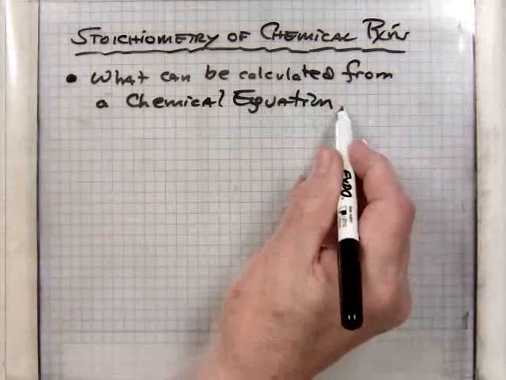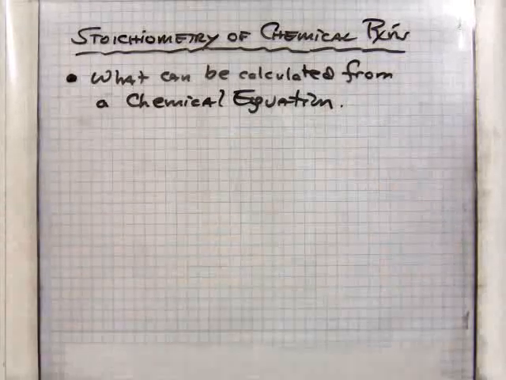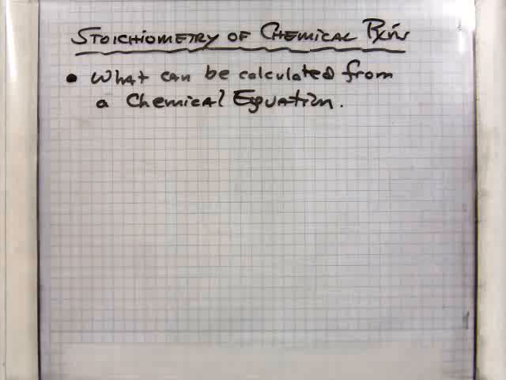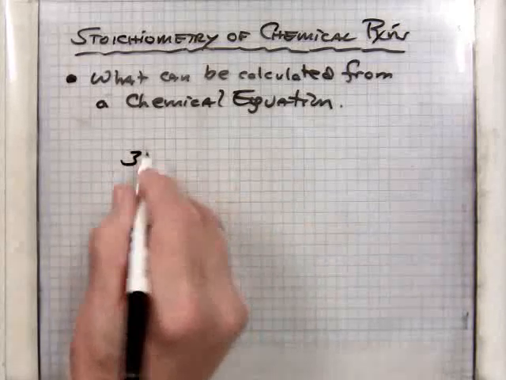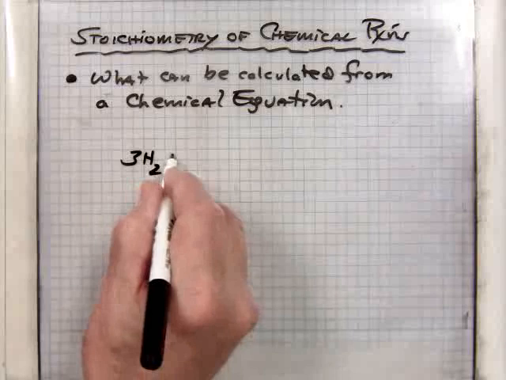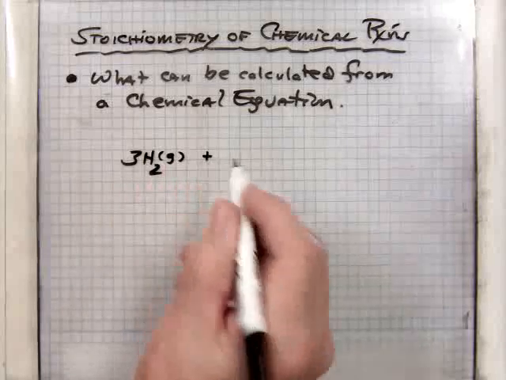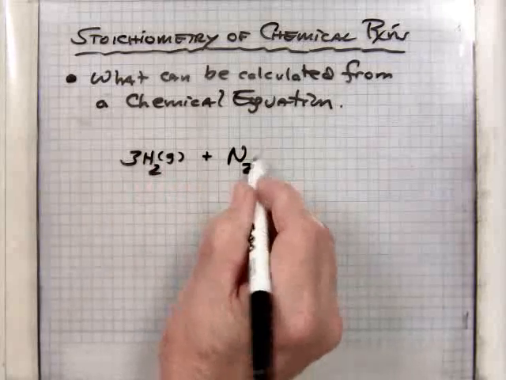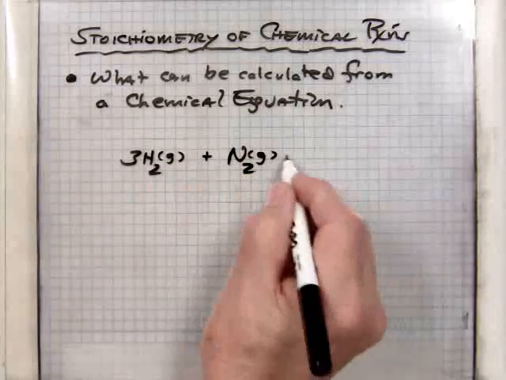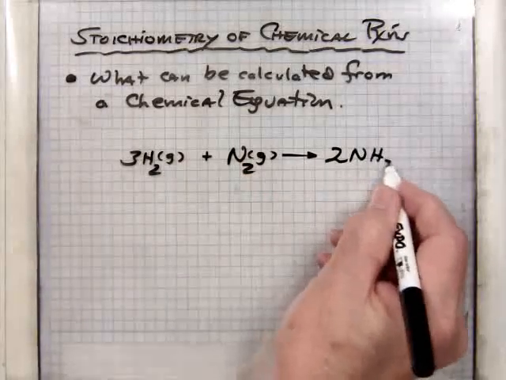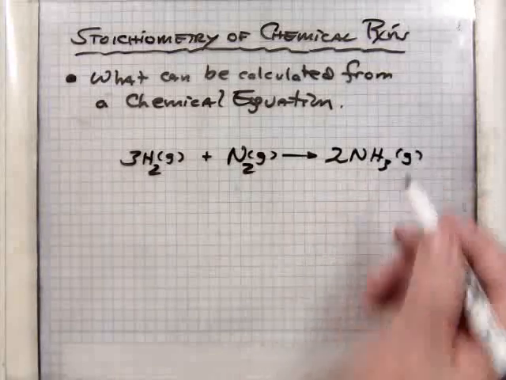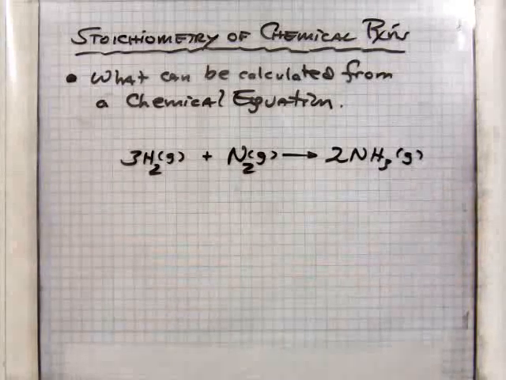Okay. Well, I'm going to use the synthesis of ammonia equation, the Haber process: 3H2 as a gas plus N2 as a gas goes to 2NH3 as a gas. Okay.